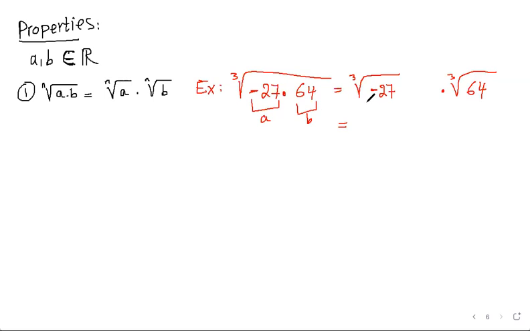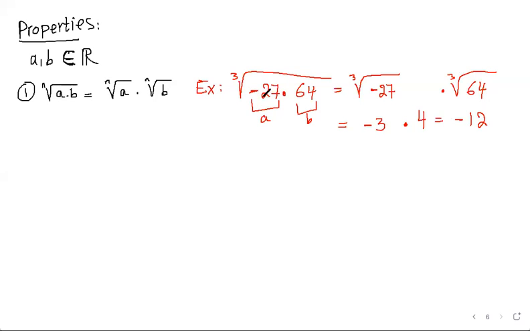Now you can answer. What's the third root of -27? -3. And what is the third root of 64? It's 4. So the answer is -12. So again, if I have the nth root of two numbers, the first number times the second number, this is equal to the nth root of the first number times the nth root of the second number.